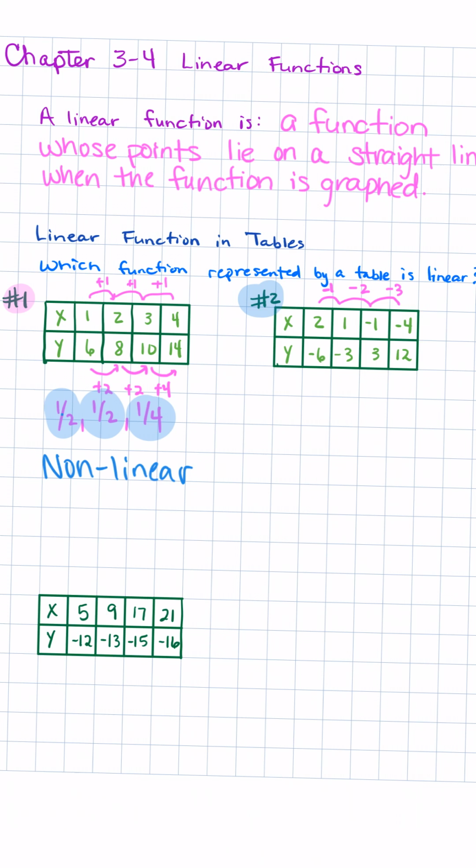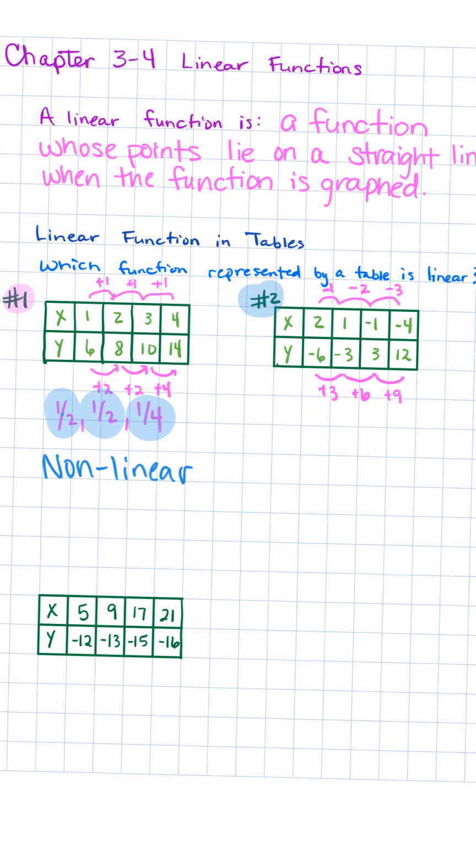Then we look over here. -6 to -3, that's going to be +3. -3 to +3, that's going to be +6. And 3 to 12 is +9.